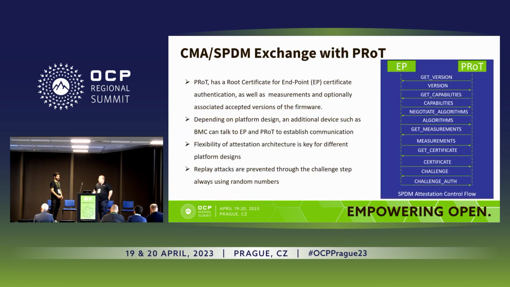So if we look here, this is a real CMA SPDM exchange. It's not every single step in the process, but it's the big highlights, and it's in fact most of them. This is intended to be pretty flexible. You could have the endpoint talking to the PRoT, you could have the endpoint talking to the host CPU, you could have the endpoint talking to the BMC, and then also the PRoT would be on the other side.